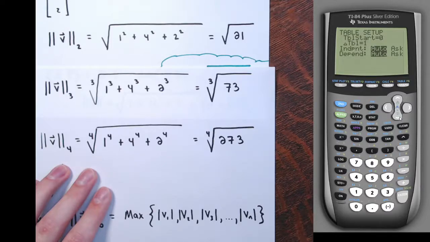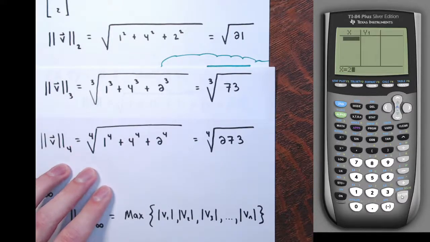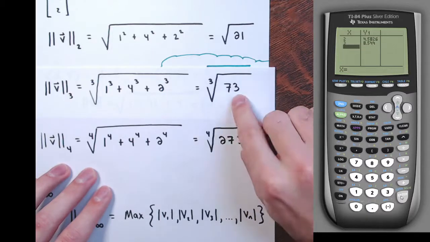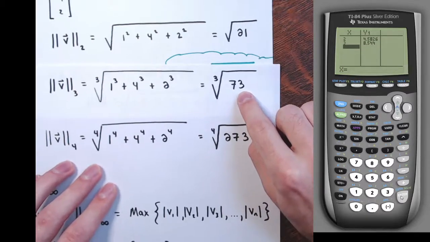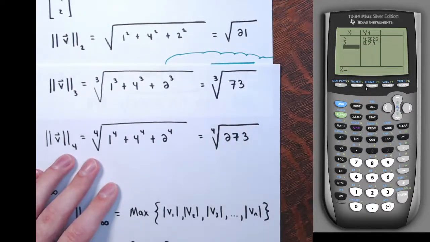I like to change my table setup so that I have the independent variable on ask, and then go to my table and I can enter values. So you see 2, this is the 2 norm, 4.5826. 3, the 3 norm. That's the cube root of 73, which is about 8.544.